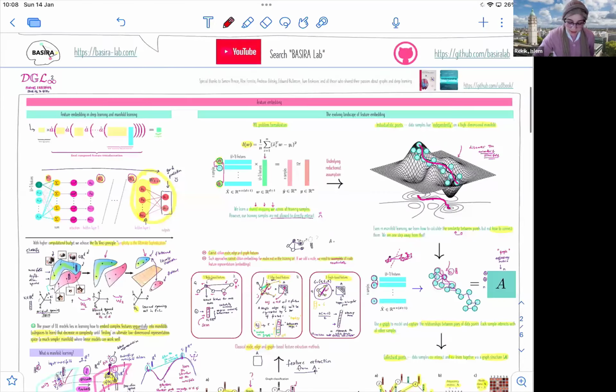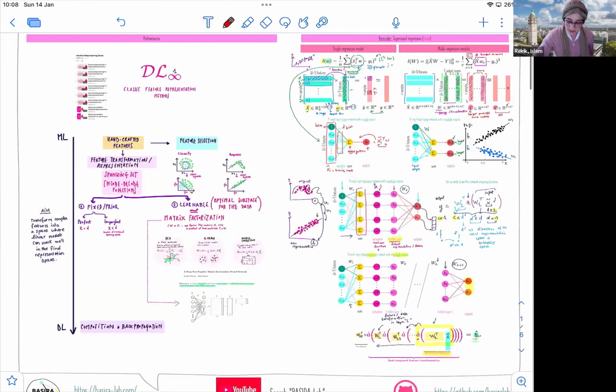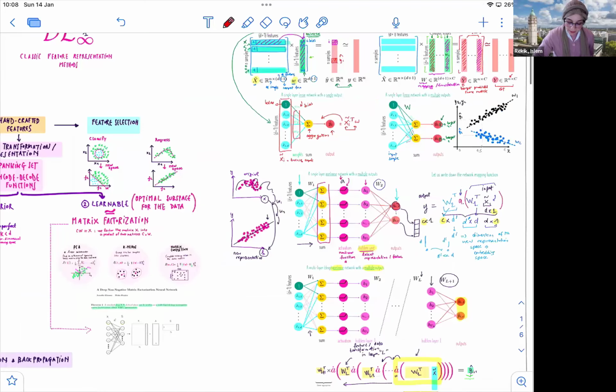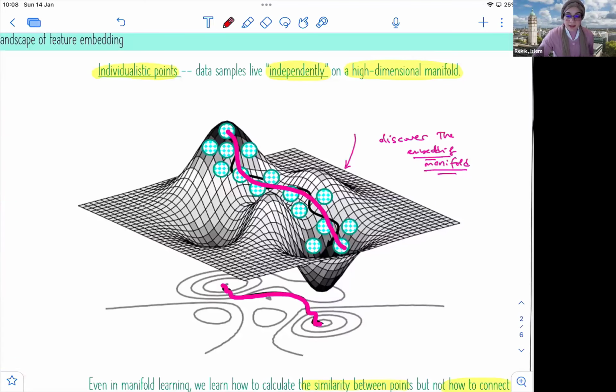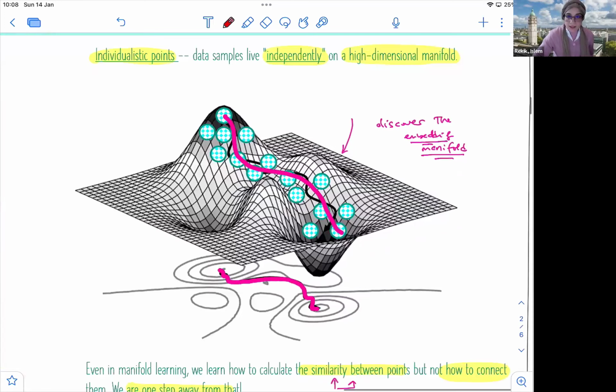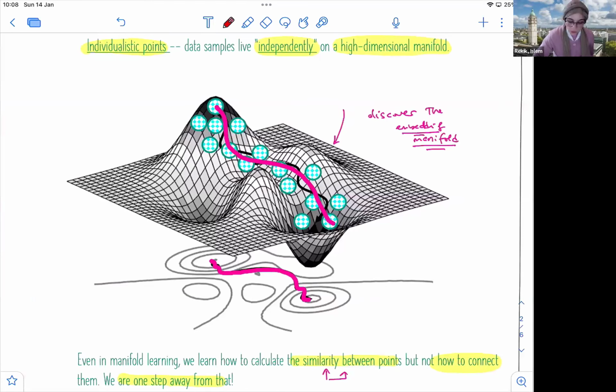then we explained why these machine and deep learning paradigms are limited, because they basically adopt an individualistic approach in training, including even other variants and advanced variants of machine learning, where we, for example, tackle manifold learning.